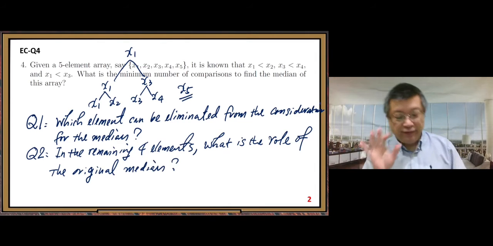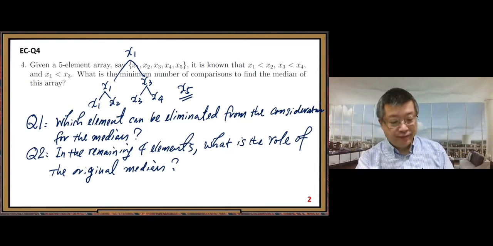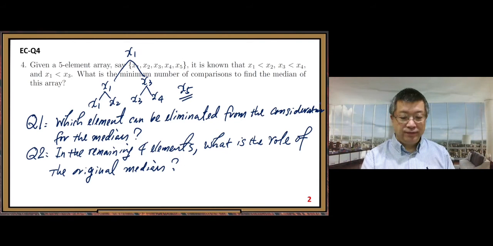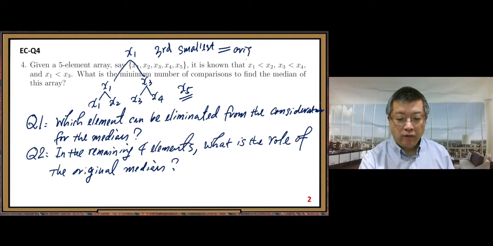Can you look at this question? What is the role of the original median? Because the original median is the third smallest, right? Third smallest. That's the original median in the 5-element array.